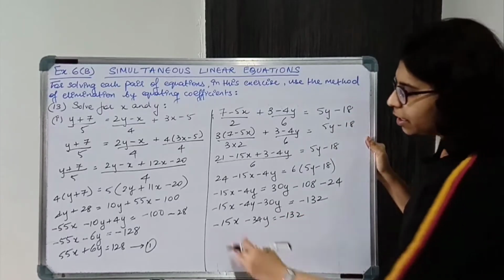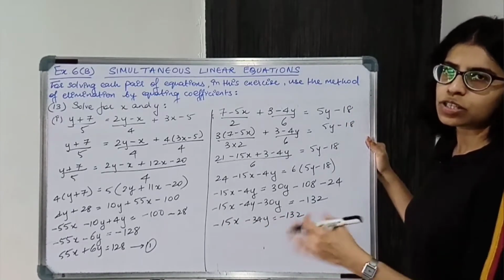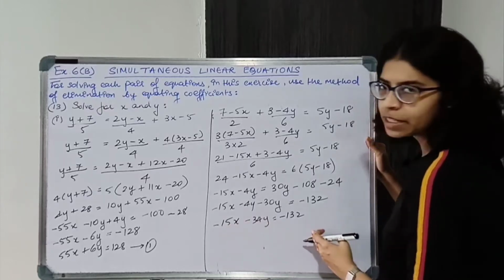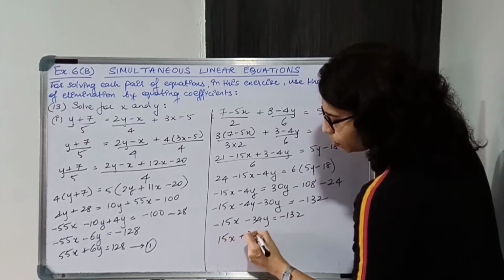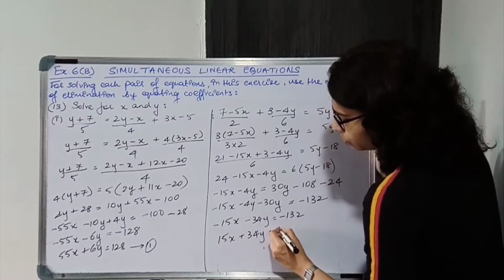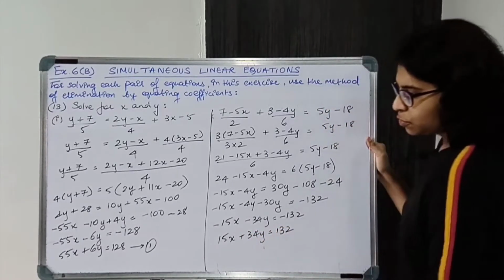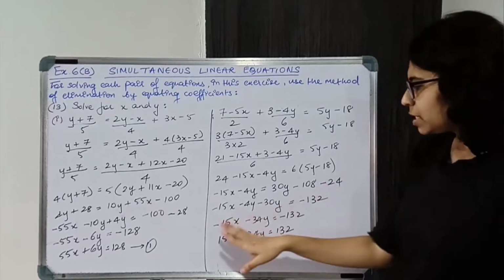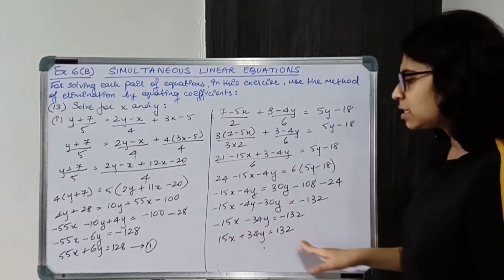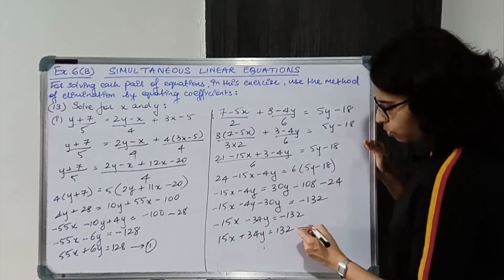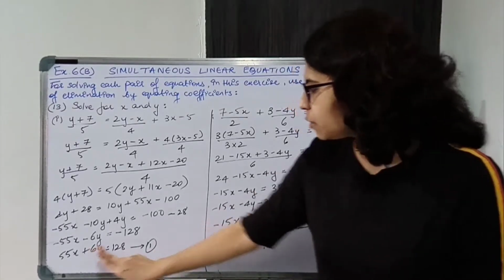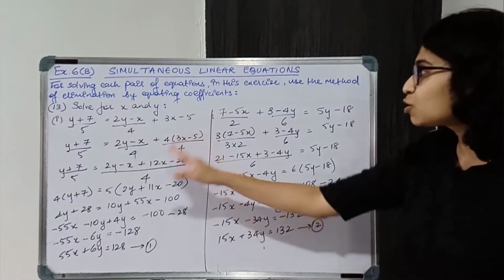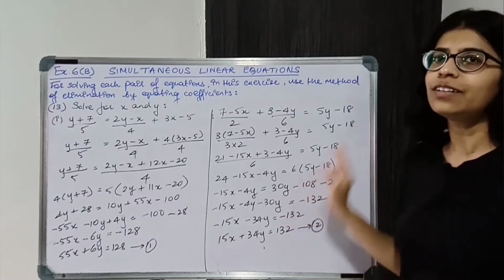Again here all the terms are negative on LHS and RHS. So we can say multiplying by minus 1, all the terms will become positive. So 15x plus 34y is equal to 132. So that we'll have less confusion. All are negative, so confusion can happen. Instead make it positive. So this is equation 2. Now this is the first equation, this is the second equation. We have just solved the equations. We have brought it in the required form.